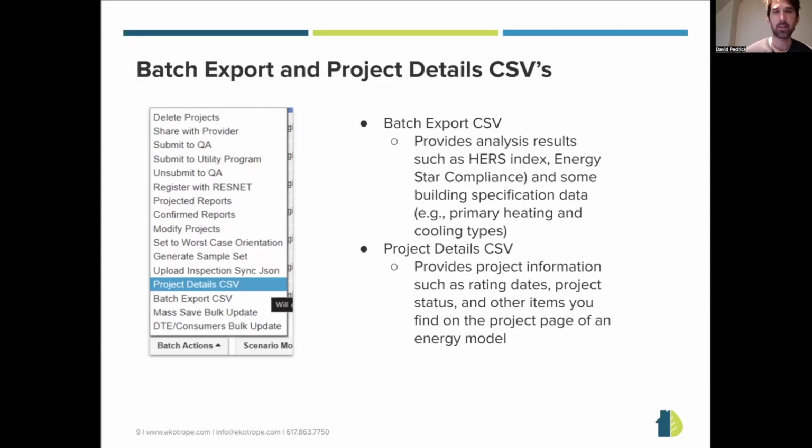The batch export CSV provides analysis results such as the HERS index and Energy Star compliance and energy consumption information, and some building specification data like the primary heating type and cooling types, as well as the efficiencies there. So with this download, you can select multiple projects at a time and download this into a spreadsheet so you can look at the results there if you're doing some kind of an analysis or bulk reporting.